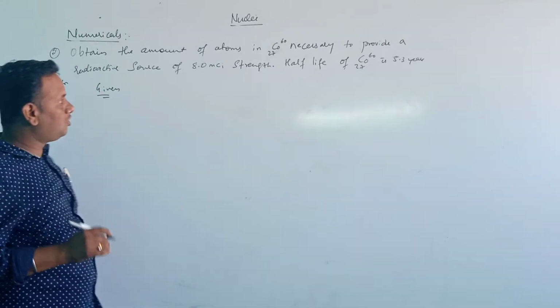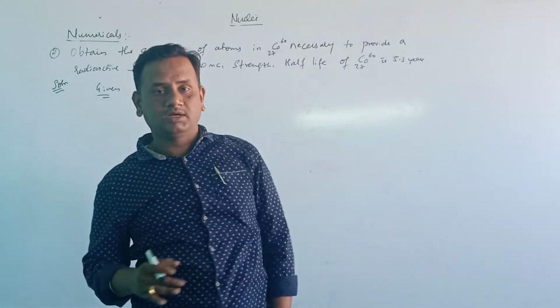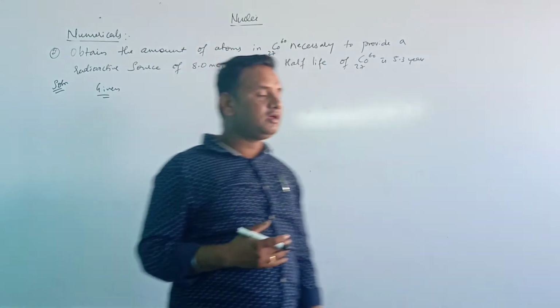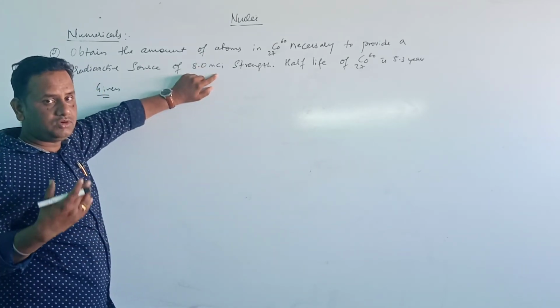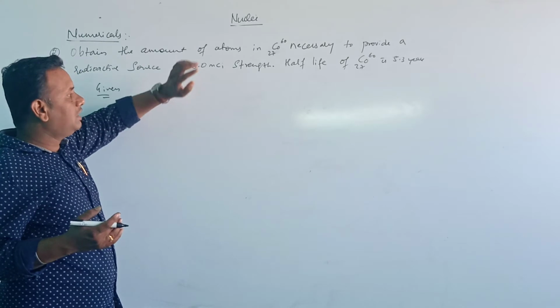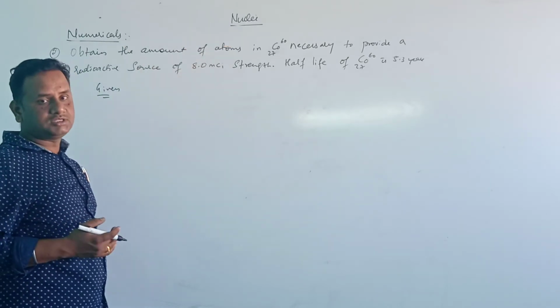So here, for cobalt 60, 27, what disintegration rate is given? 8.0 millicurie. That is also called activity. And the half-life is 5.3 years.